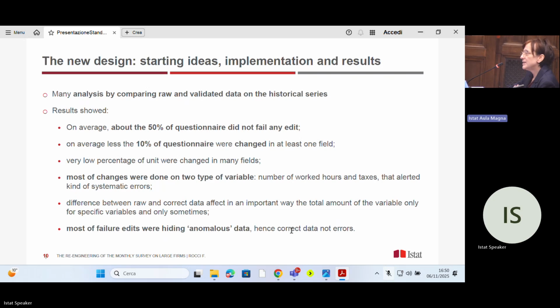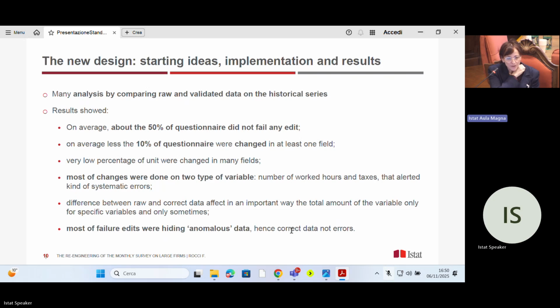How we started to think about the new scheme. We did a lot of analysis comparing raw and validated data on the historical series, because this survey has very long series. What was shown? On average, about 50% of questionnaires did not fail any edit. On average, less than 10% of questionnaires were changed in at least one field. A very low percentage of units were changed in many fields.